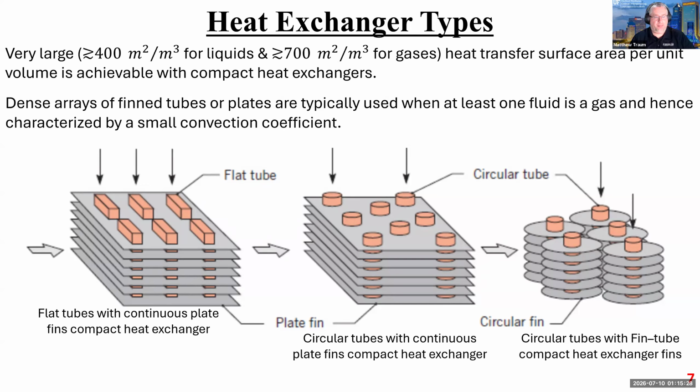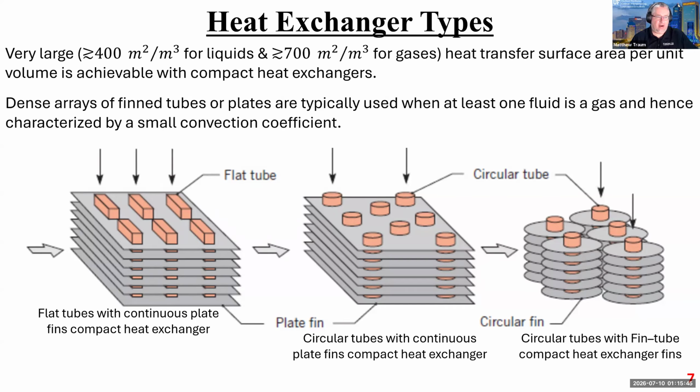But it actually makes sense, because if you think about what you're trying to do with a compact heat exchanger, you're trying to cram as much heat exchange area as possible into as small a volume as you possibly can.